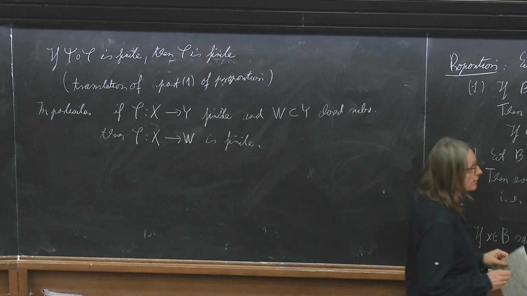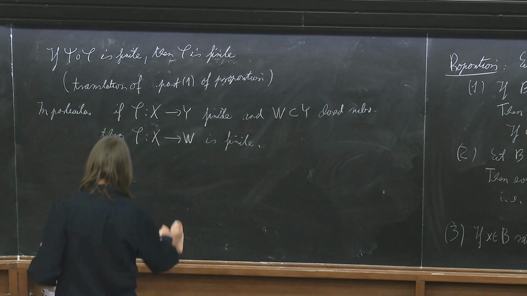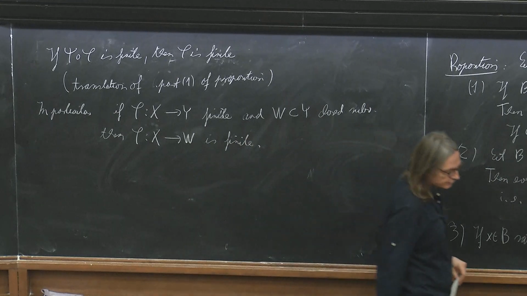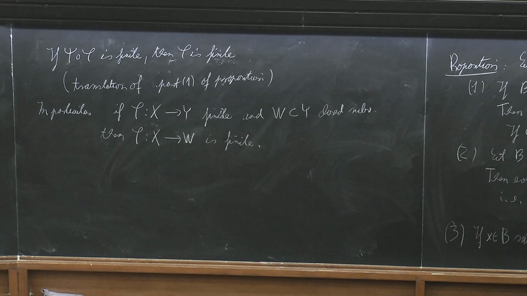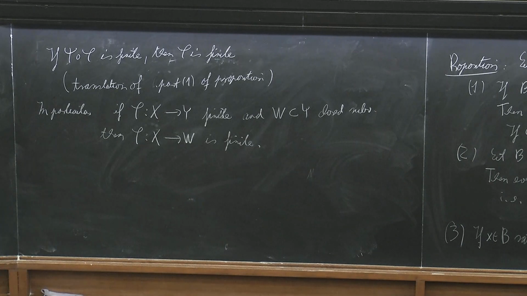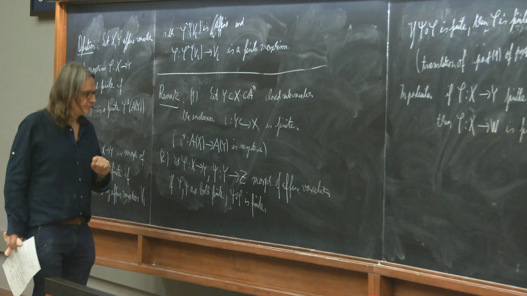Okay. So now we want to find out some nice geometric properties of finite morphisms. And so our first goal is to show that finite morphisms are closed. We had seen that morphisms from projective varieties are closed, but this was a very special property for projective varieties.